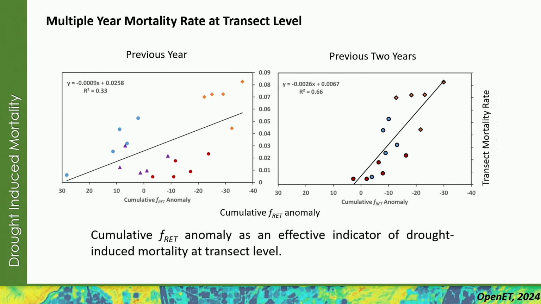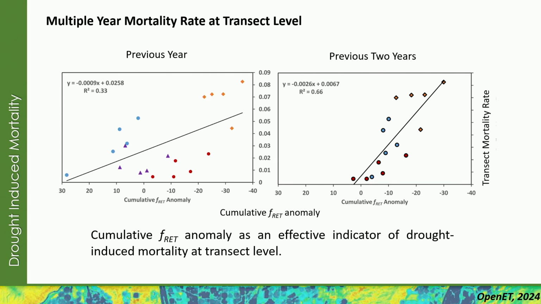So that's the first panel. And the second one, we get a better relationship when we use the mortality data with the previous 2 years' information. It just gave us this information that drought is not the only trigger for this forest die-out.